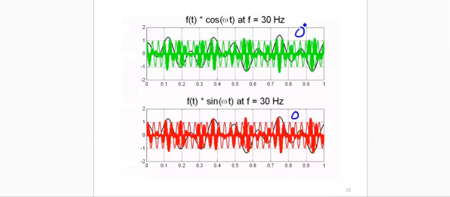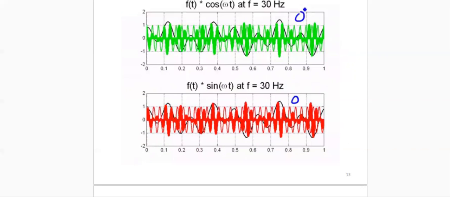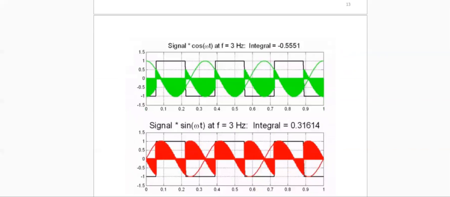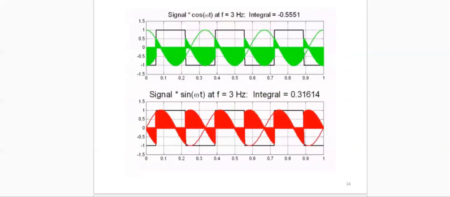So extending this example, okay, if you try it for 30 hertz, of course, the summation should give 0, and this summation could also give 0. So there is no component like this. And if we try it for this kind of signal, where this signal is a combination of a lot of sinusoidal signals, that is not a pure sine signal, of course you will get a lot of signal over there.